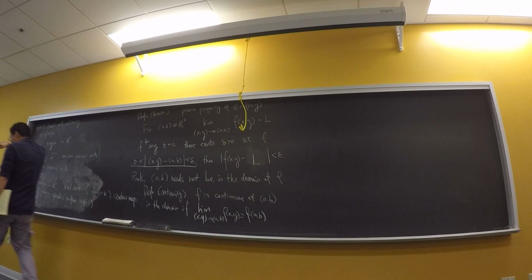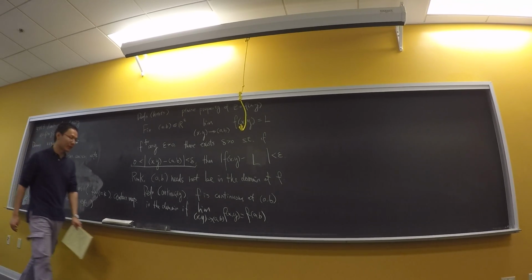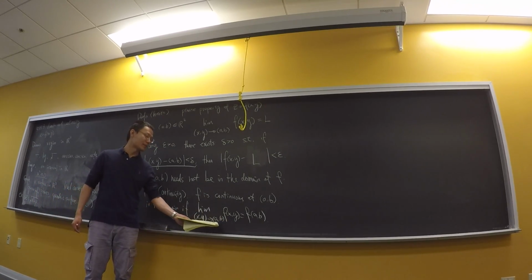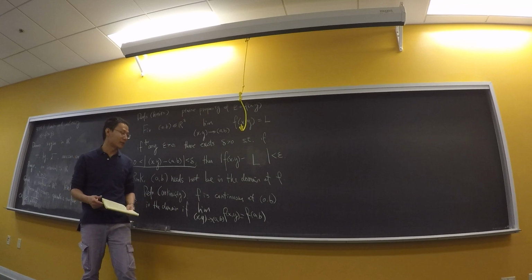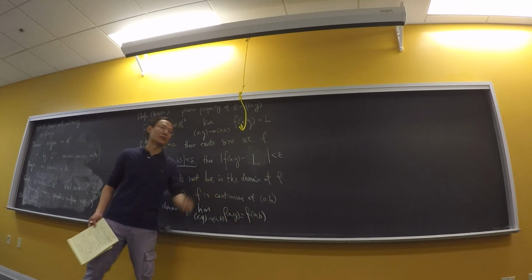Okay, so that's the definition for continuity. So we'll say this function is continuous at a fixed point AB if the limit of this function when xy approaches AB not only exists, but also it is exactly equal to the function value at this fixed point. Then it will be defined as continuous at this fixed point.